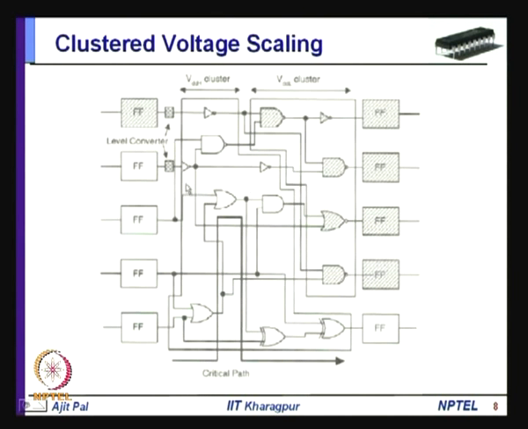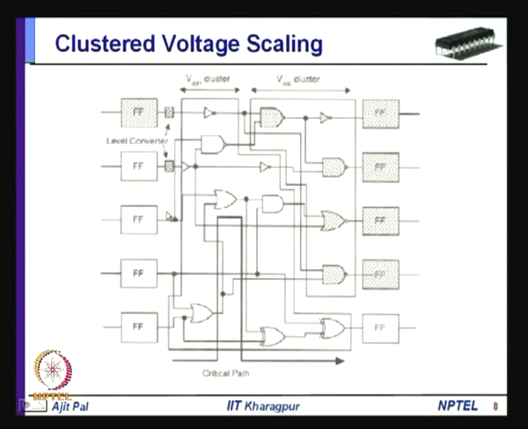And you can assign them low and high level voltages. One point you must have noticed here, there is a mention about level converter. Later on we shall discuss the need for level converter. When the signal passes from one voltage domain to another voltage domain, there is a need for level converters.